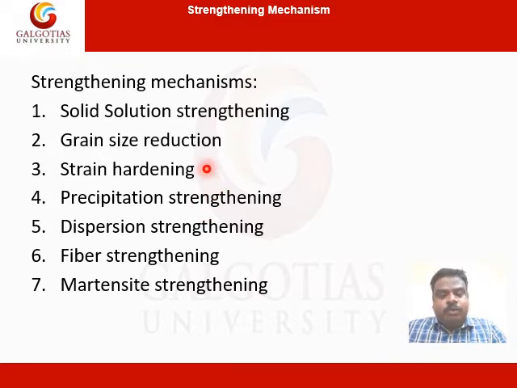Then increasing the cold work, or the percentage of cold work, increases the dislocation density, which is known as strain hardening. Then precipitation strengthening, dispersion strengthening, fiber strengthening in composites, and martensitic strengthening in steels. So these are the ways available to increase the strength, and these are known as strengthening mechanisms.